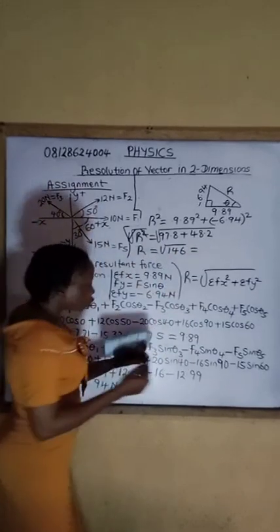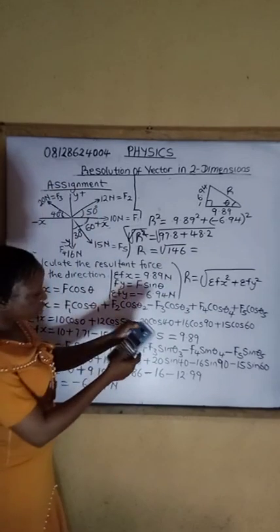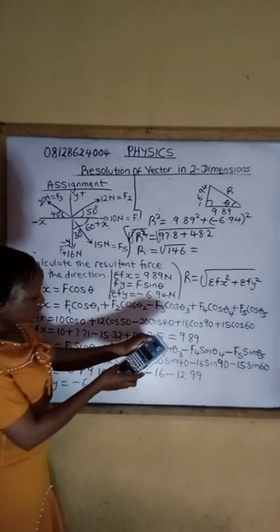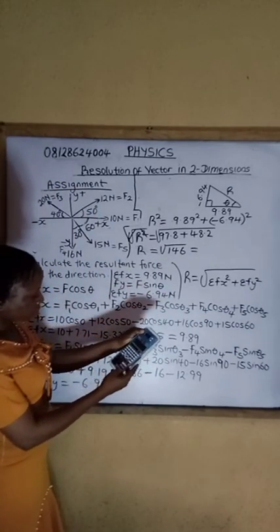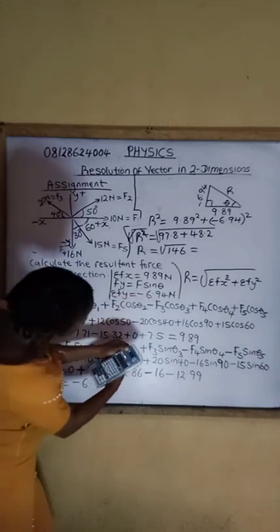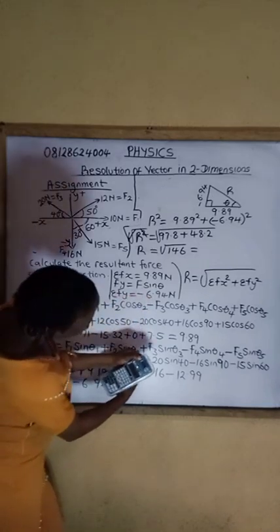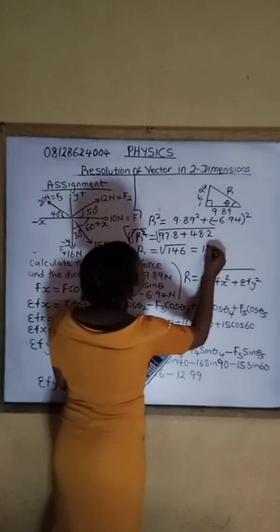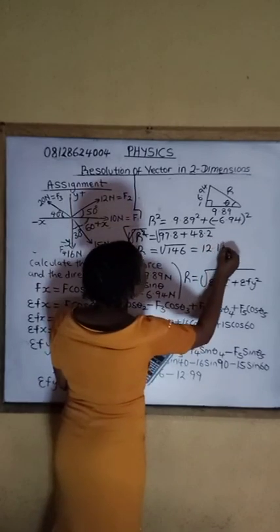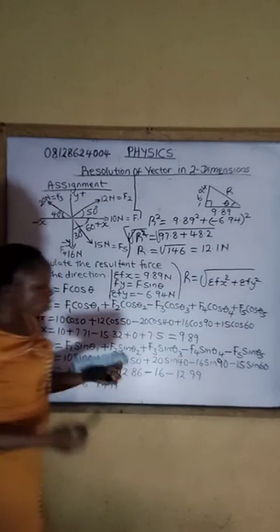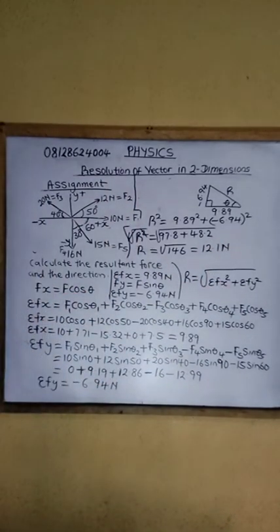Then what is the square root of 146? Square root of 146 equal to 12.1. Then 12.1 what? Newton. That is our resultant.